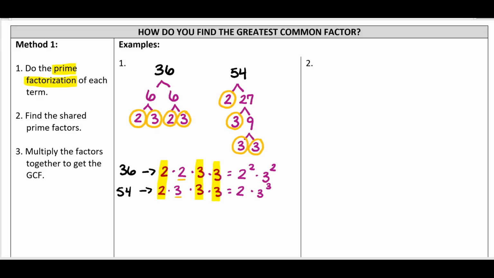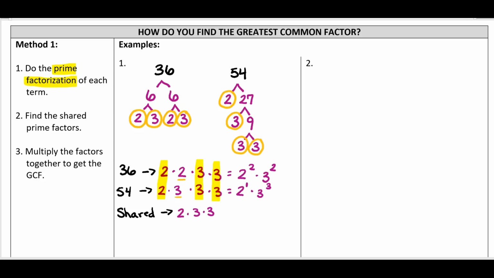So our greatest common factor here, the shared factors, are going to be 2 times 3 times 3. You can see this in the exponents because 2 to the second and 2 to the first have one 2 in common. 3 to the second and 3 to the third have two 3's in common.